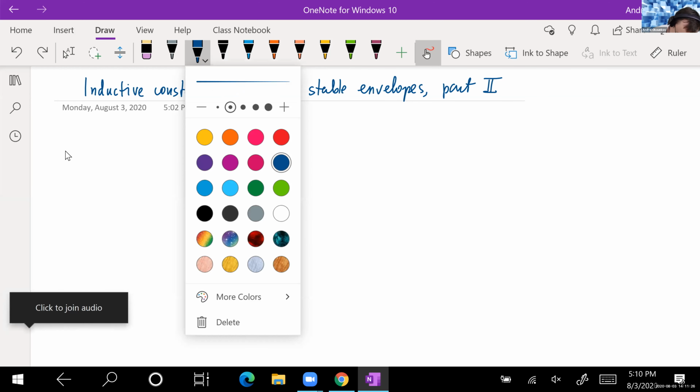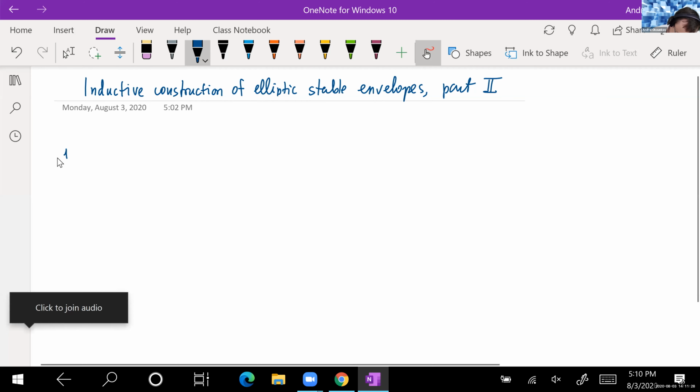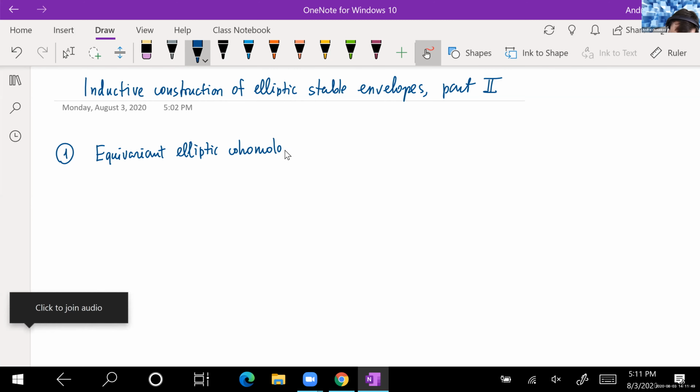The first part of the talk will be explaining what we are talking about, namely elliptic covariant elliptic homology. So what is it? Well, it is a scheme in a good sense of the word.